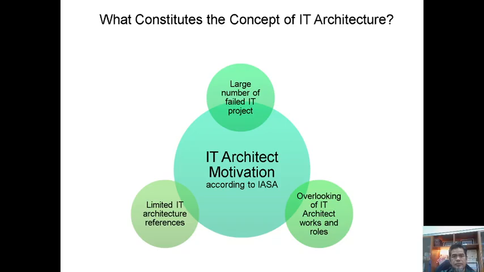Another factor constituting IT architecture is the overlooking of the IT architect's work and role. Overlooking means that a lot of designers, software designers, application designers, overlook the architecture aspect. Then of course they will overlook the scalability, for example, the security, and so on.